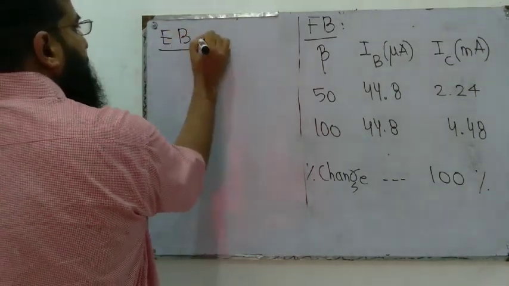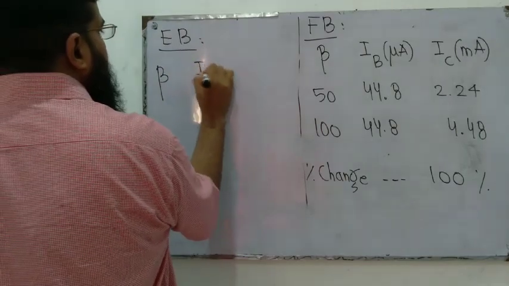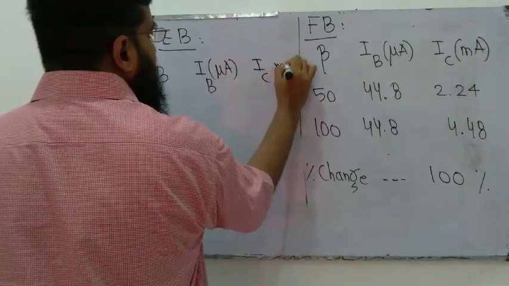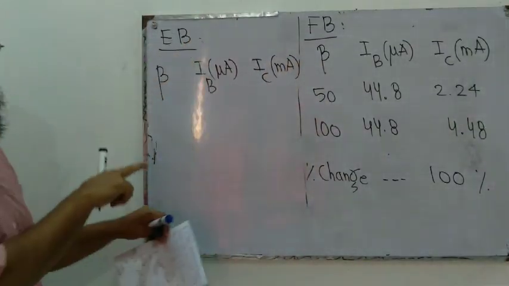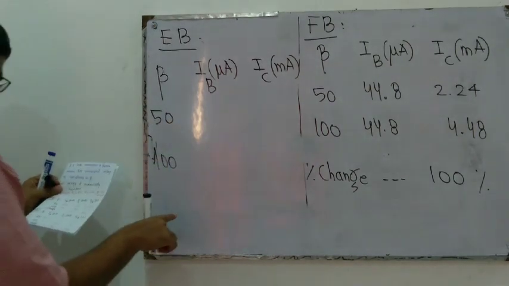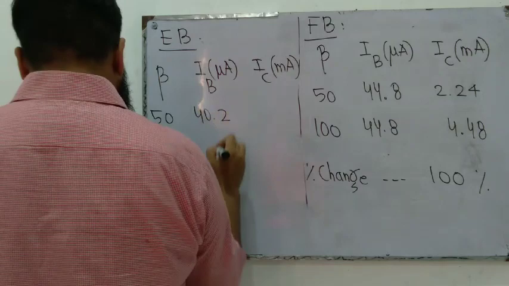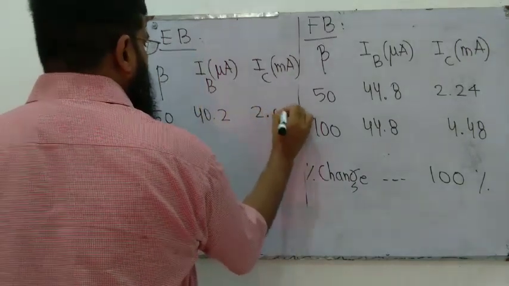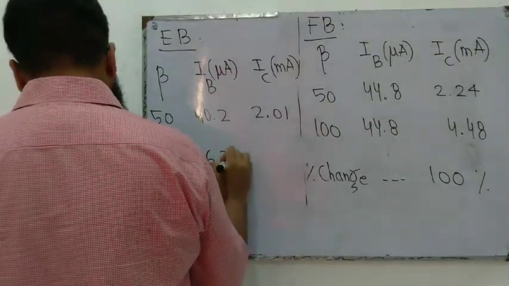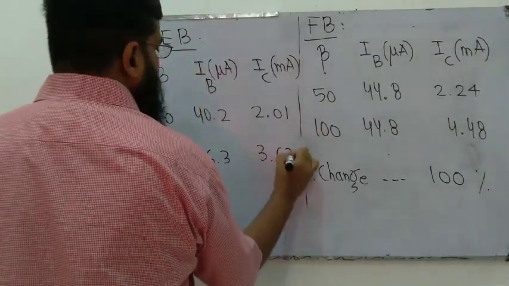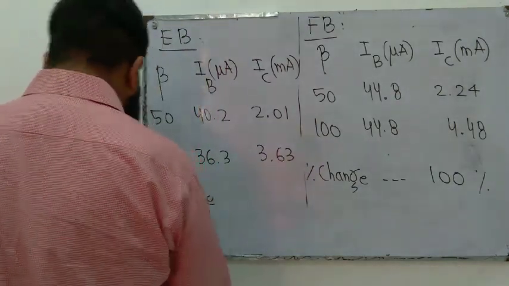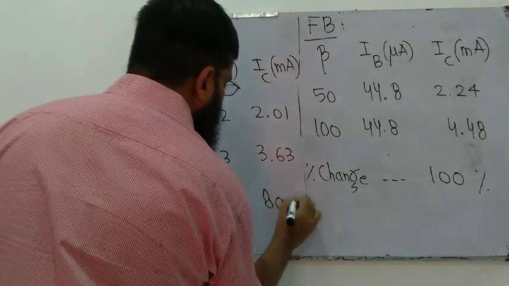If we try the same values to see how stable the emitter bias circuit is with respect to variations in beta: for beta 50, IB is 40.2 microamperes, IC is 2.01 milliamperes, and for beta equal to 100, IC is 3.63 milliamperes. So the percentage change is 80%.